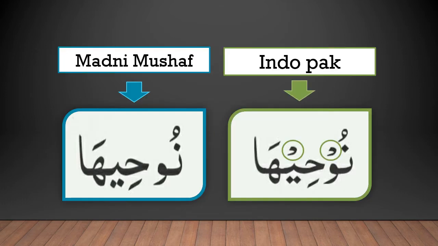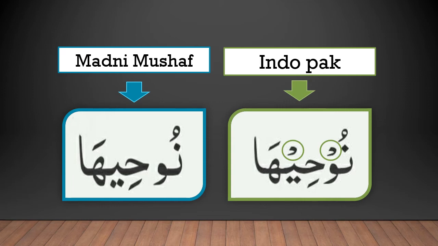Look at these examples. The one on the right is from Indo-Pak script, whereas the one on the left is from Uthmani script or Madni Mushaf. Can you notice how many mud letters are there in this word? The first mud letter we see is waw. It has a sukoon sign, and it's preceded by a matching haraka, which is dhamma.